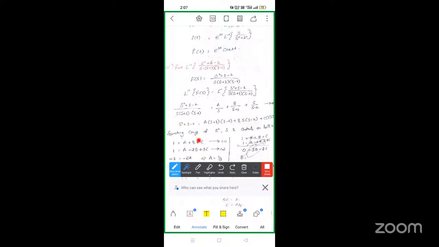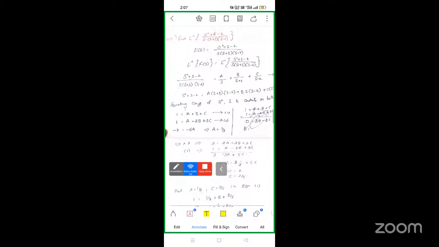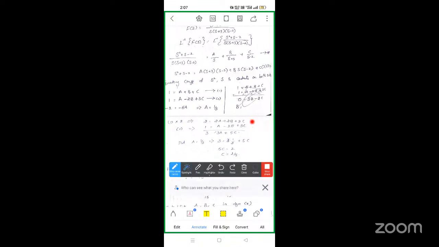Or we can compare the coefficients of s square, s and constant. In this case also we can get the A, B, C values. Otherwise we can substitute the roots of the denominator, s equals 0, s equals 2 and s equals minus 3, and we directly get the A, B, C values. Here the constant coefficient: minus 2 equals minus 6A, so A is 1 by 3.